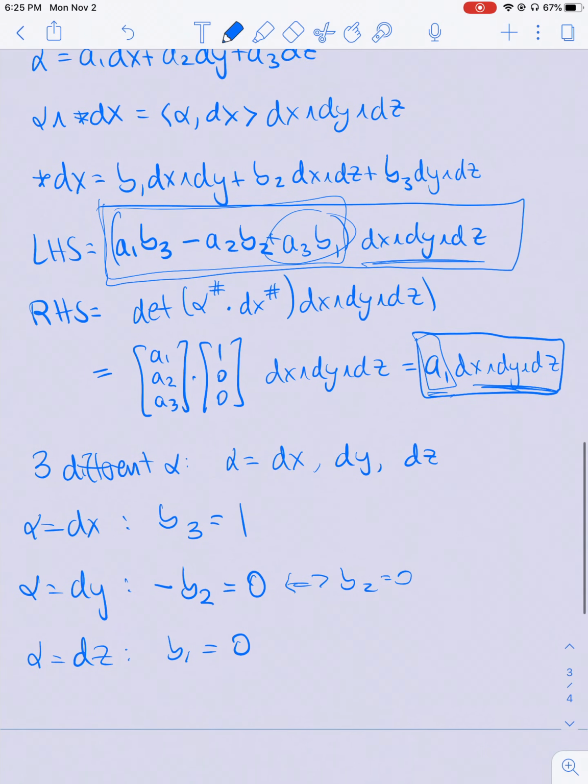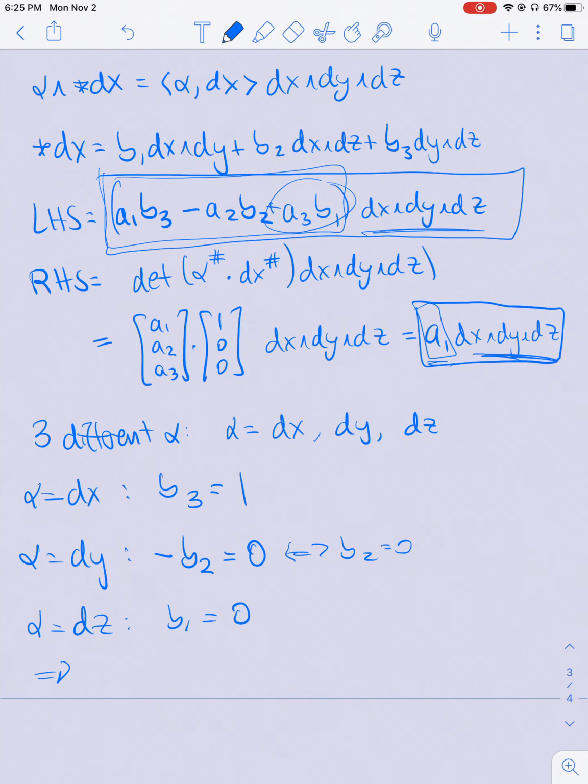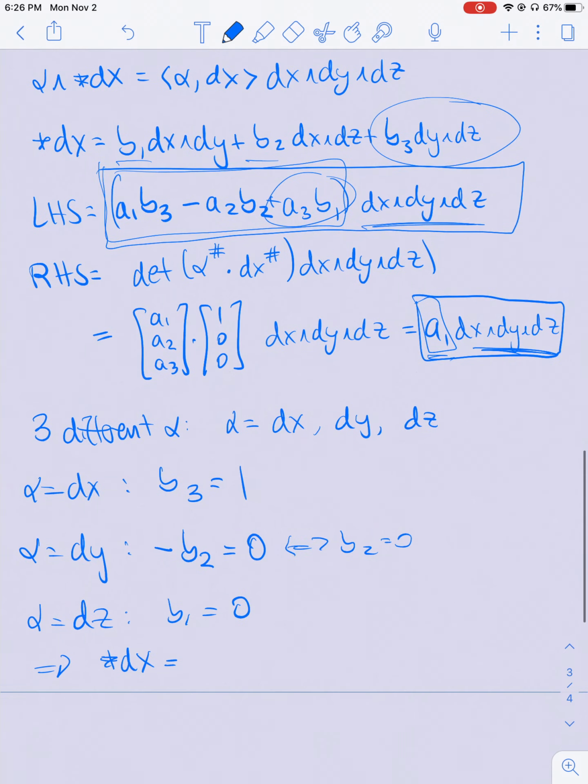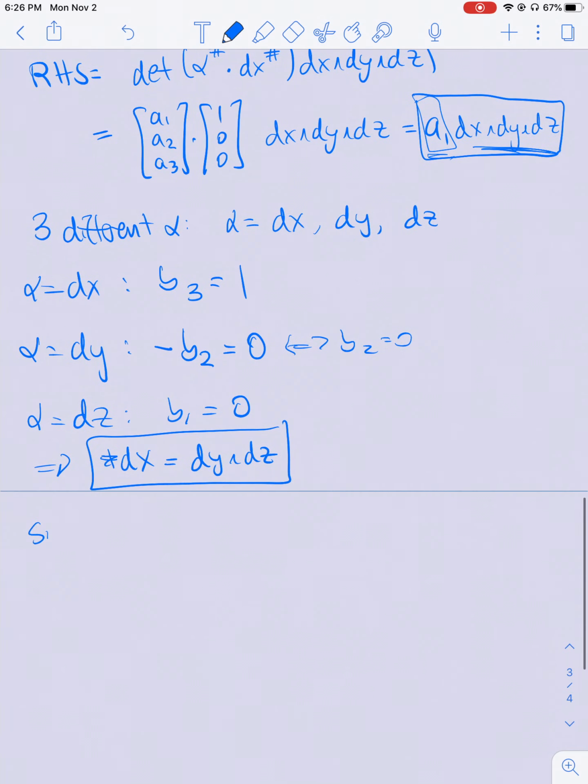So what this all tells me is that Hodge star of dx has b3 equal to 1, and b1 and b2 are both 0. So Hodge star of dx is dy wedge dz. And similarly, you can show that the Hodge star of dy is negative dx wedge dz, and the Hodge star of dz is dx wedge dy.